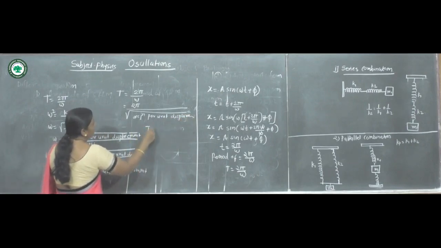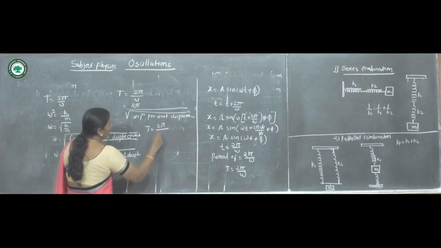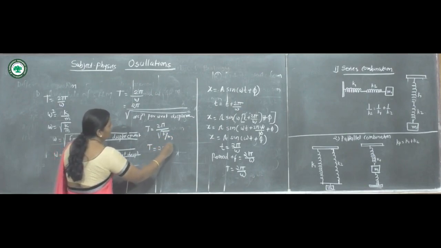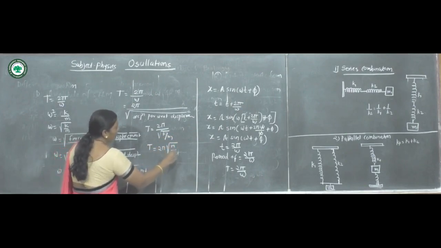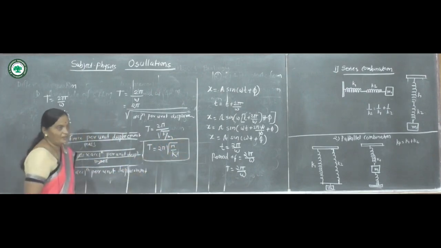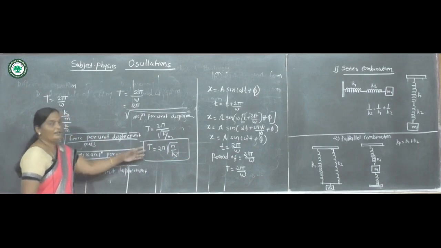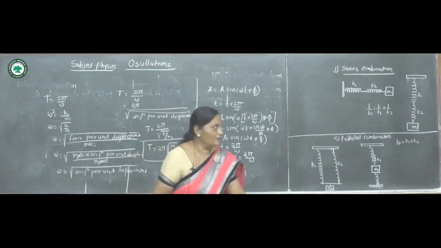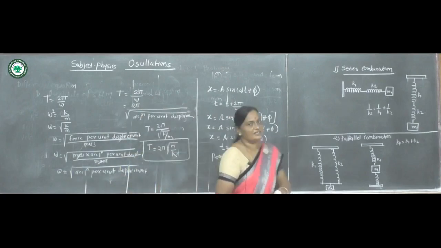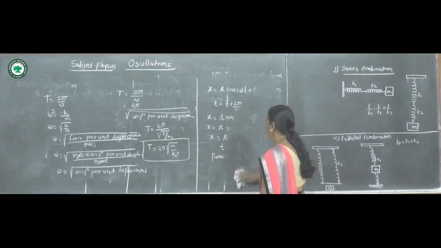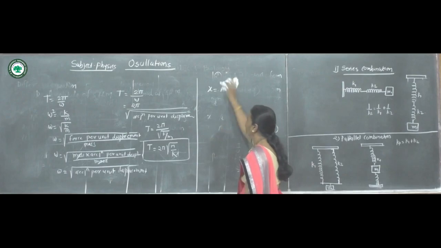That is T is equal to 2π under root m upon k, which gives the period of the simple harmonic motion. The SI unit of period is second, and the dimension is T raised to 1 here.